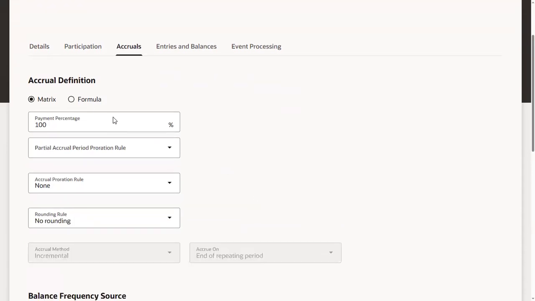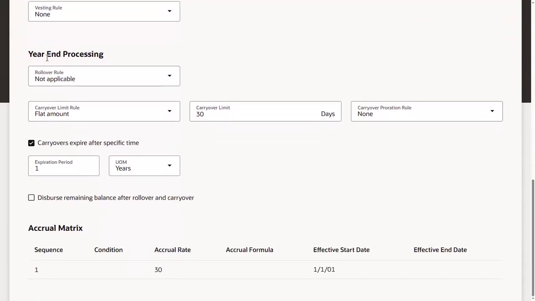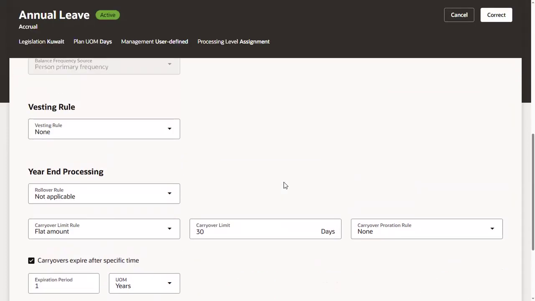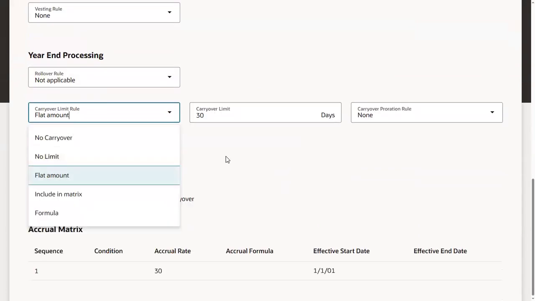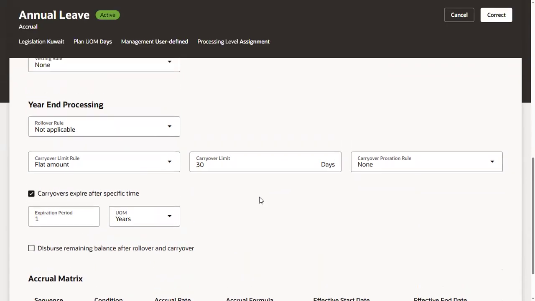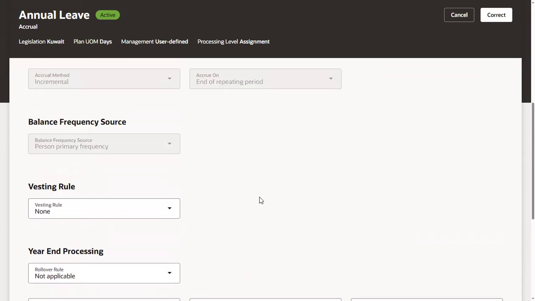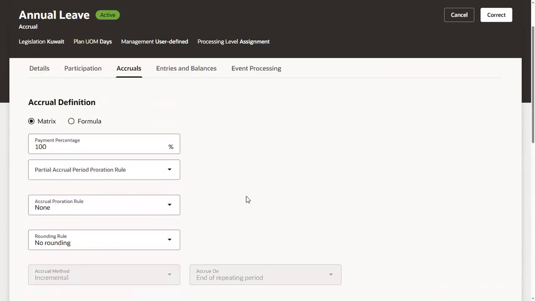Here we have two options, one is formula and the other is matrix. Here we see year-end processing. And we also see the carryover limit rule here. And we have the rollover option. This is the Redwood page, which is the latest version.